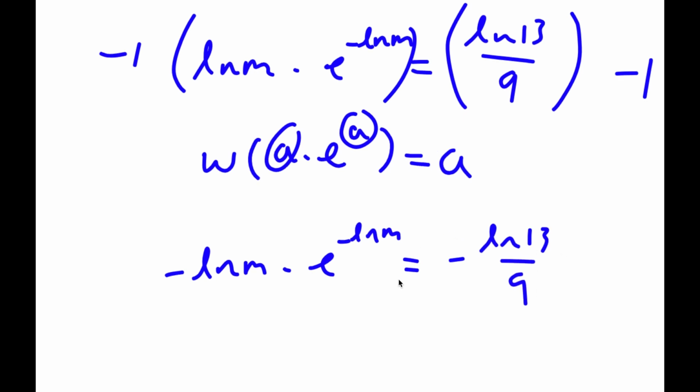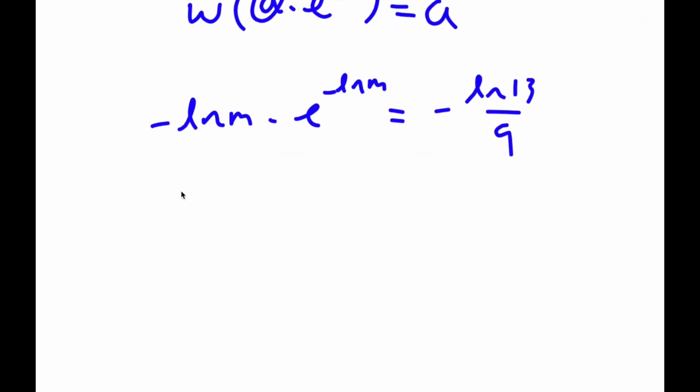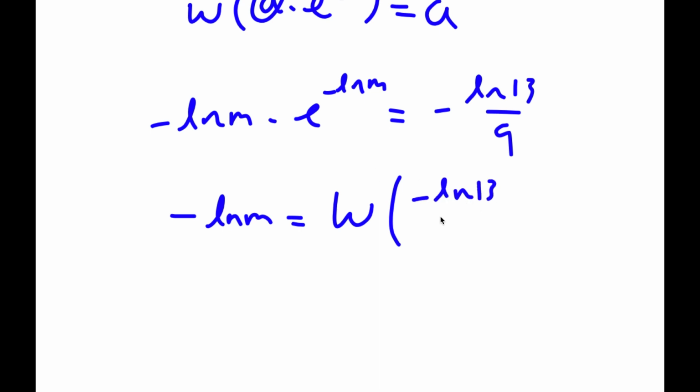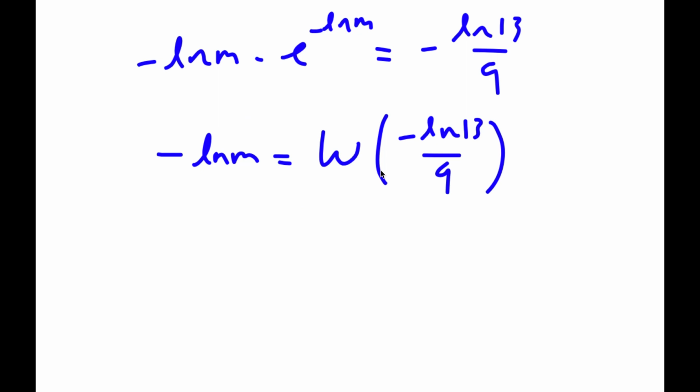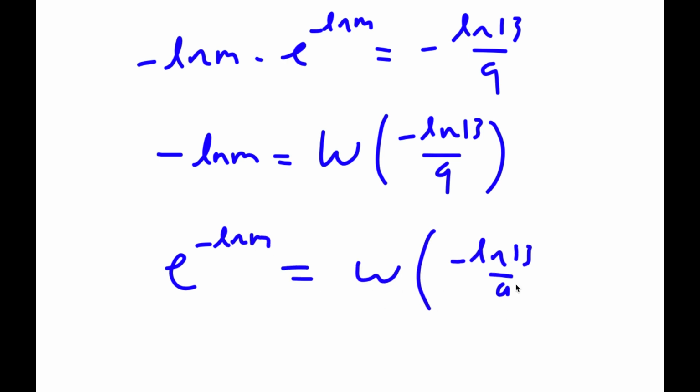Now if I take the Lambert W function on both sides, I get negative ln m is equal to W of negative ln 13 over 9. And now I'm going to take e to the power of both sides. So now I have e to the power of negative ln m is equal to W of negative ln 13 over 9.